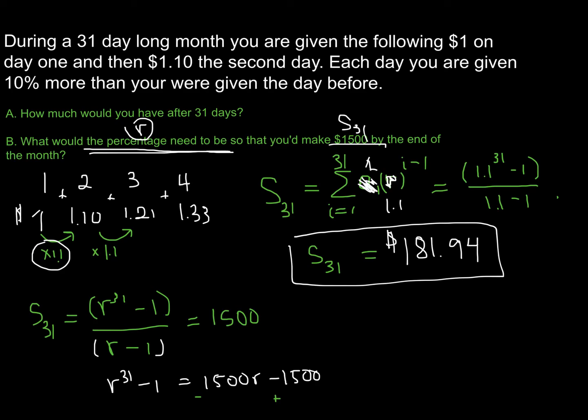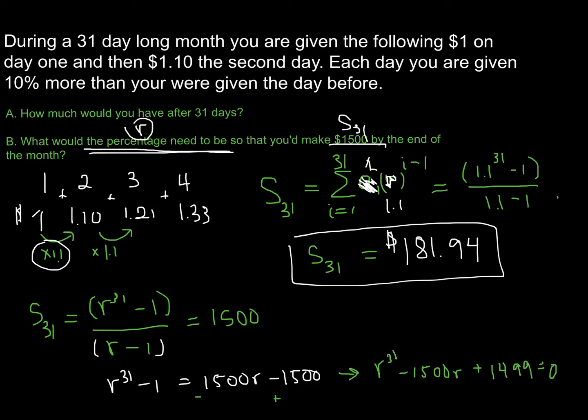And when you do that, you'll end up with r to the 31st power minus 1500 r plus 1499, and that would be equal to 0.